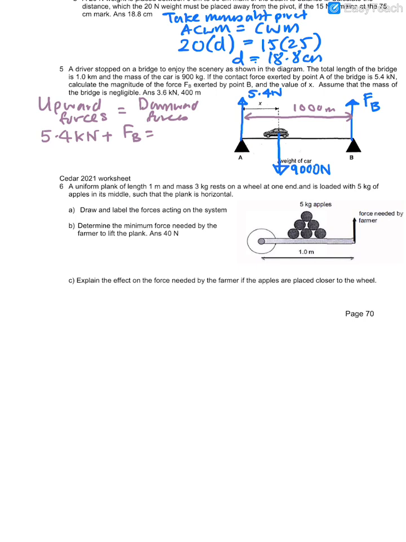What's the downward? 9,000. Minus away 9,000 minus 5.4.